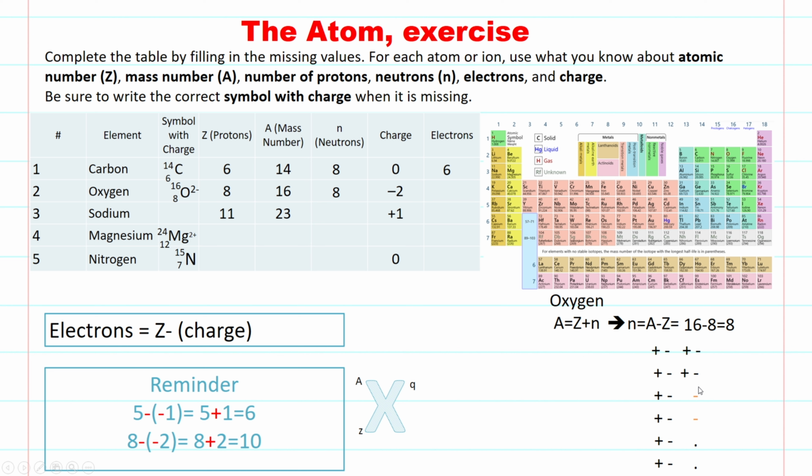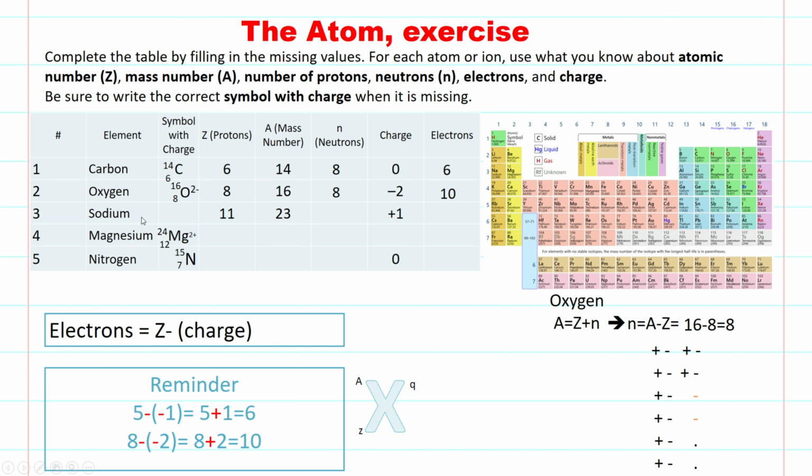But here our oxygen gained 2 electrons, which means the oxygen has 2 extra electrons. Now let's count how many electrons we have. 1, 2, 3, 4, 5, 6, 7, 8, 9, and 10. So we have 10 electrons.